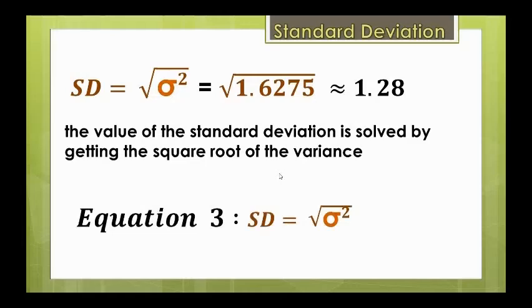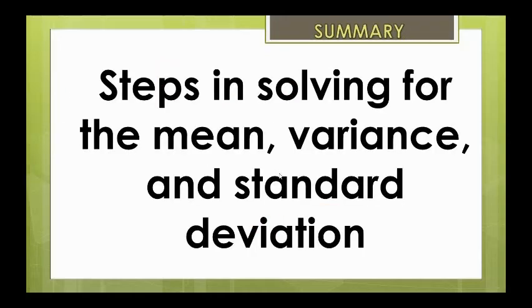And we have our equation number 3. That is the formula for the standard deviation. That is equivalent to the square root of the variance. So, kung ano yung value ng variance, square root lang kukunin natin, and that is now our standard deviation. Okay, let us review what are the steps in solving for the mean, variance, and standard deviation.